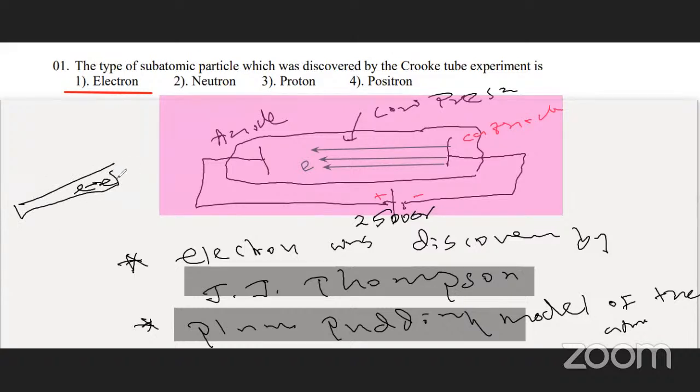But you can pass electrons even through air when the voltage is very high and the pressure is low. Example, lightning. During lightning, which subatomic particle travels from the charged cloud to the earth, or from the earth to the charged cloud? Electron. Therefore, electron is linked with electricity or electric current as well.